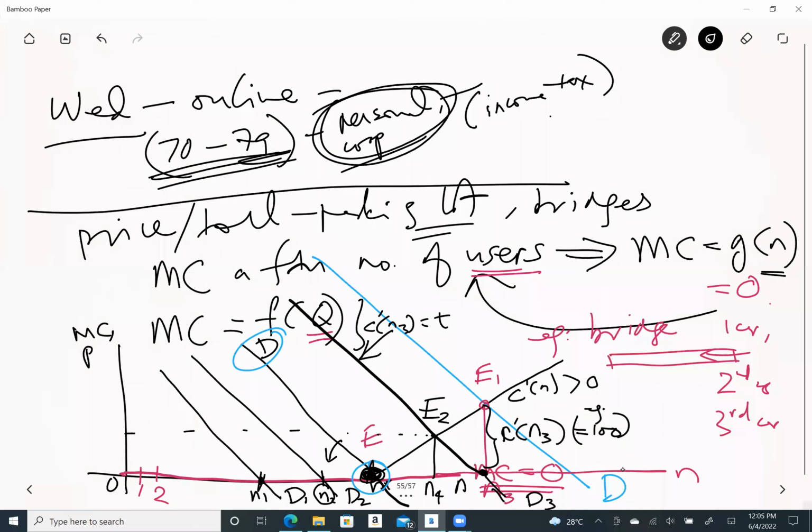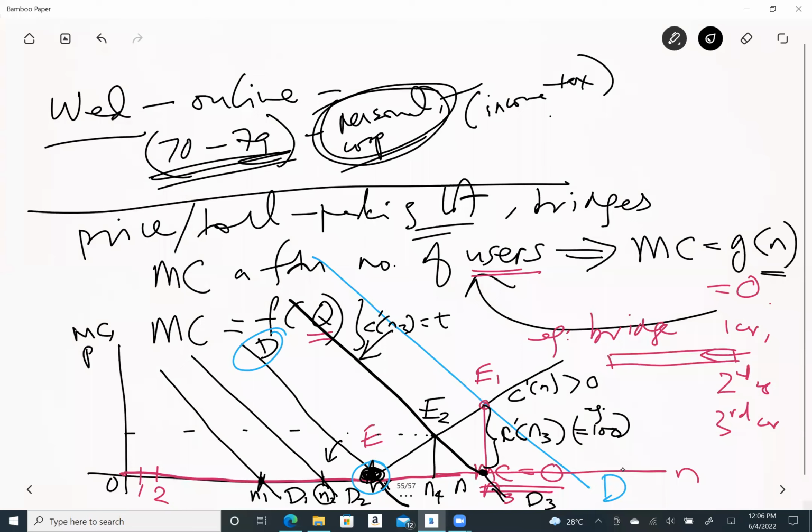How? The toll should be equal to 100. Probably 100. Never mind, that is not the point.